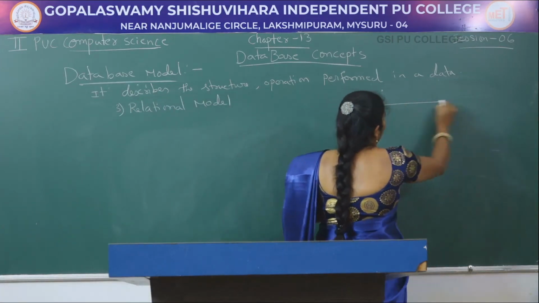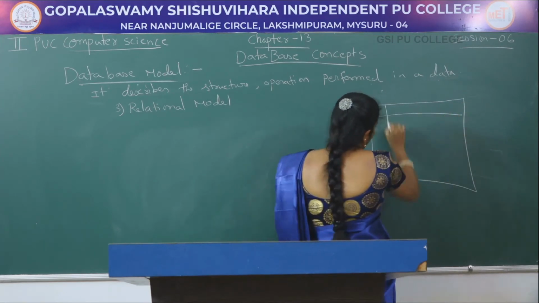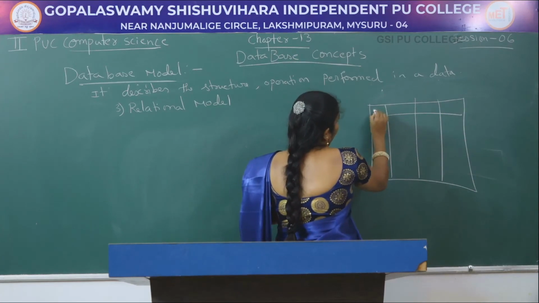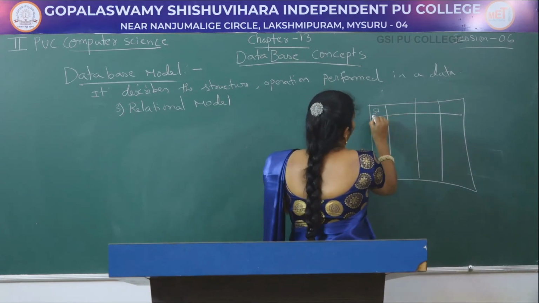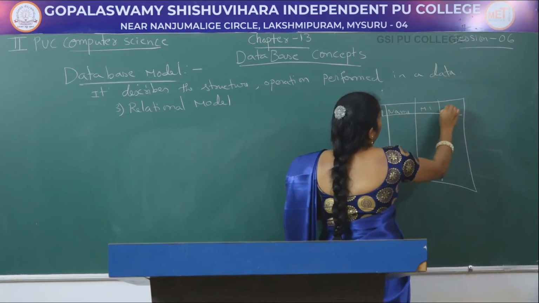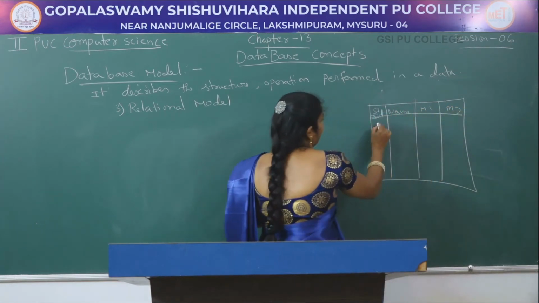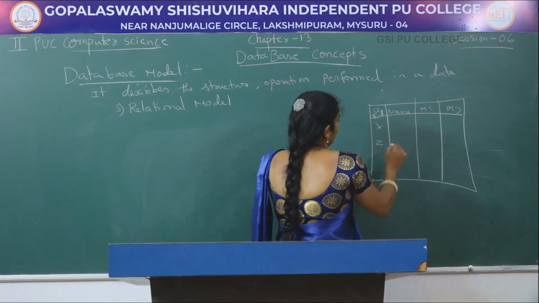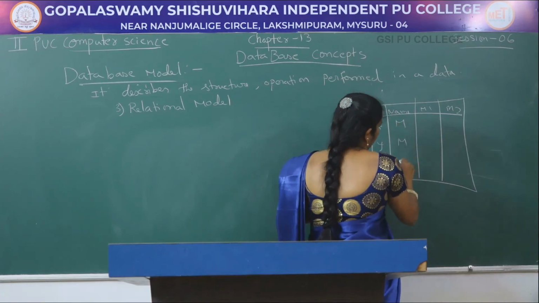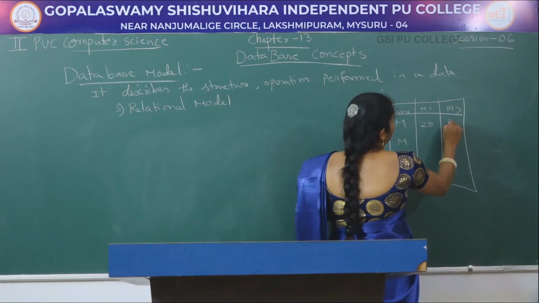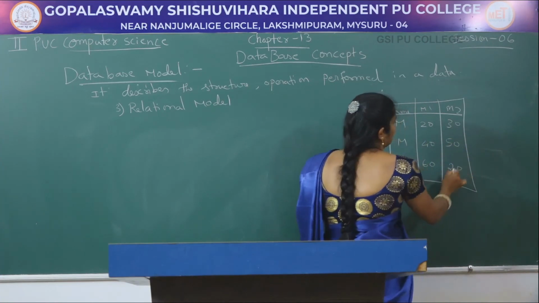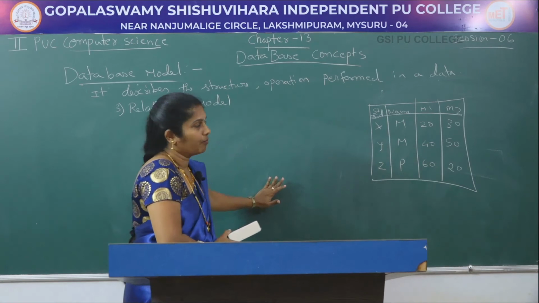Consider we have one table with some values, for example serial number, student ID, name, marks 1, marks 2. For ID I write X, Y and Z, names M, N, P, and marks 20, 30, 40, 50, 60, 20. Consider this is a table.